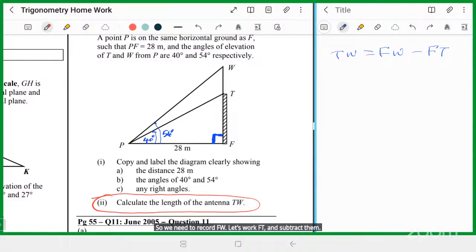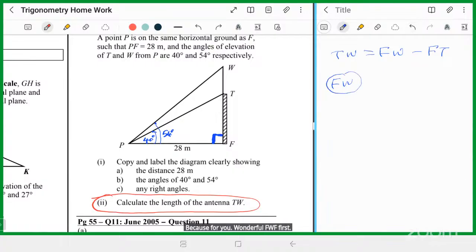Alright, so let's go. To get FW, we're going to work in this big right angle triangle first, where the angle is 54 degrees. So I'm just going to make a sketch for you. We want to work out FW first.